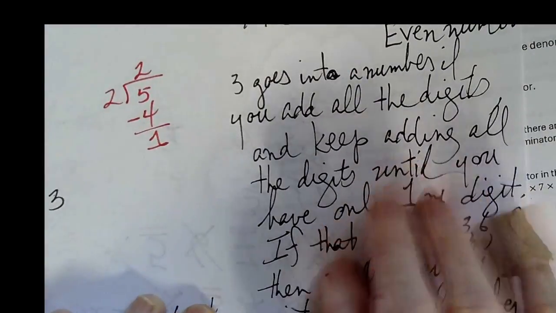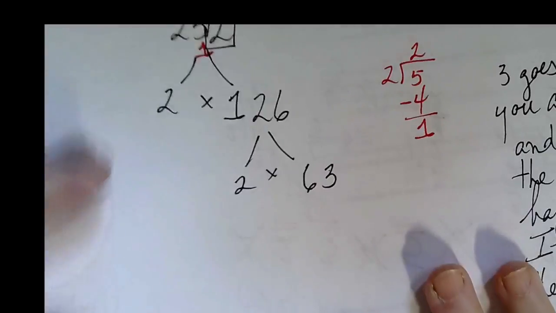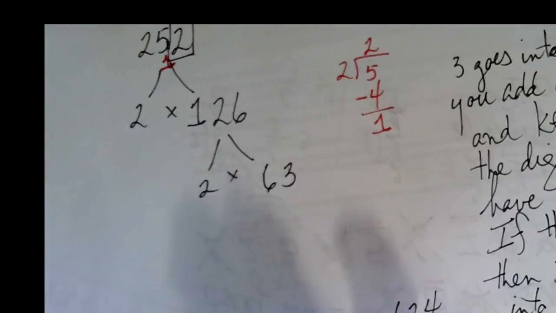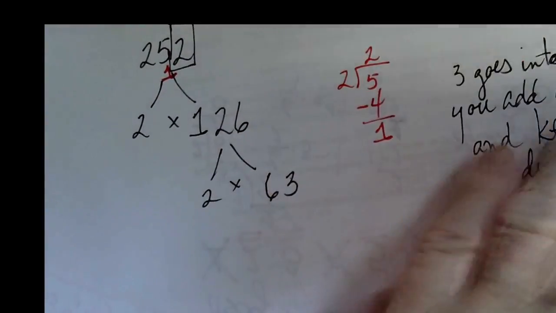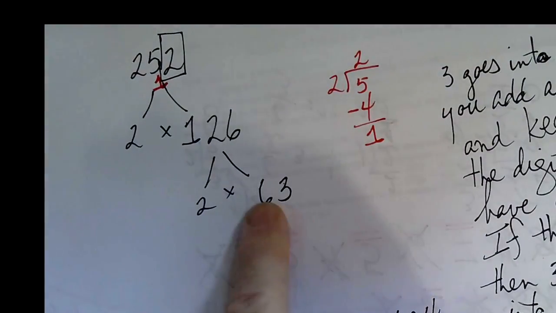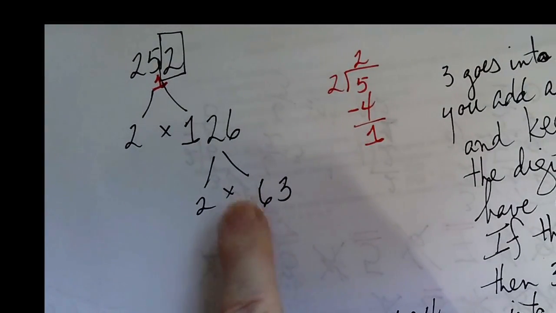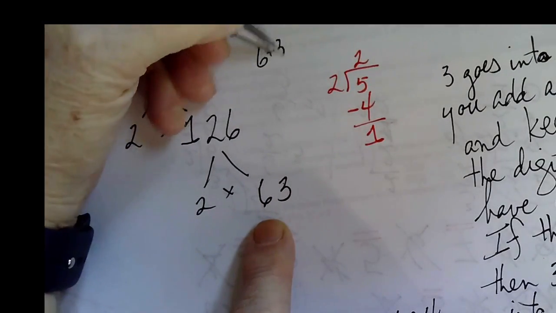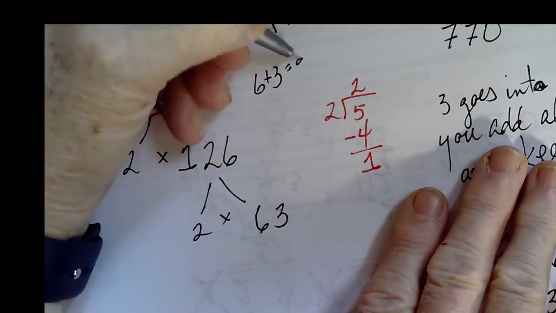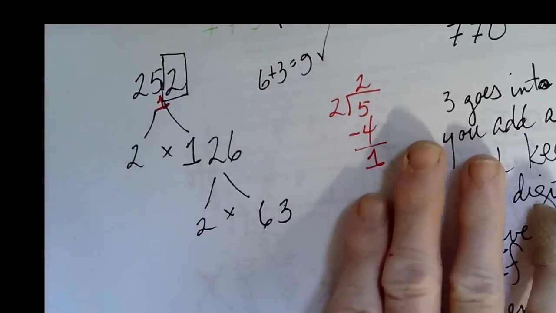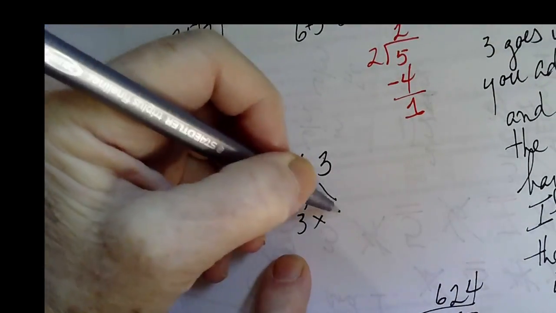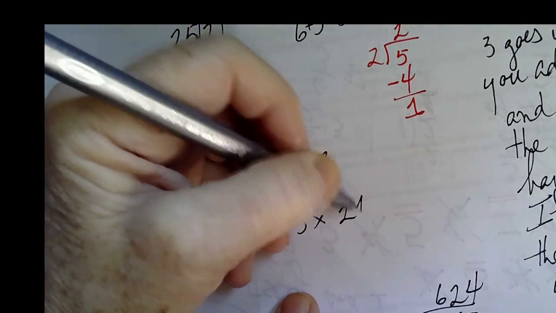We're going to use this technique very often. Well, let's pretend we can't see that 3 will go into the new number. We can use the rule of 3 to see that 3 really does go into 63 by adding the digits. 6 plus 3 is 9, and 9 is one of the happy numbers. So 3 really will work. 3 goes into 6 twice. 3 goes into 3 once.